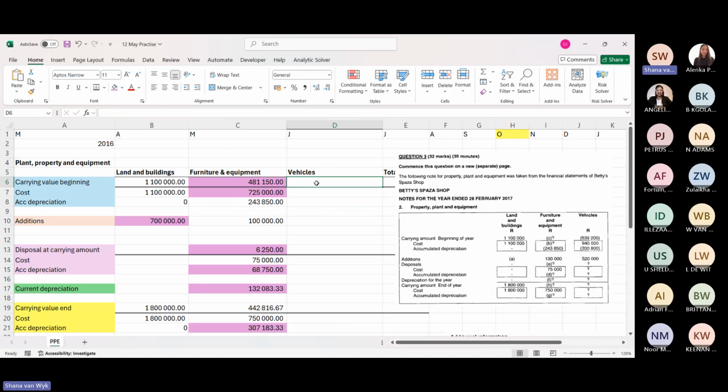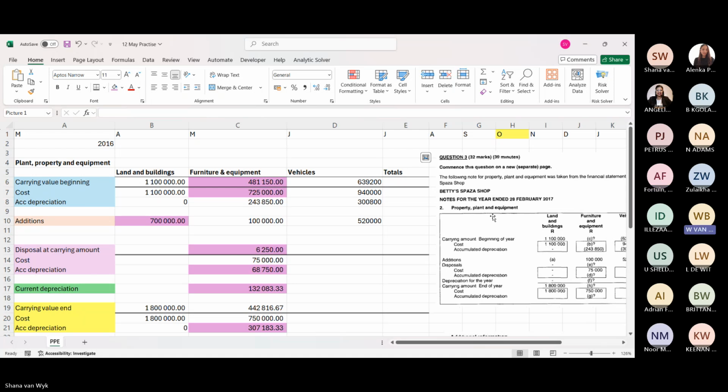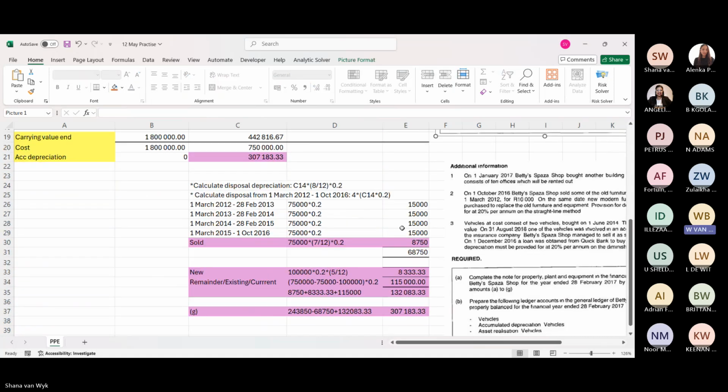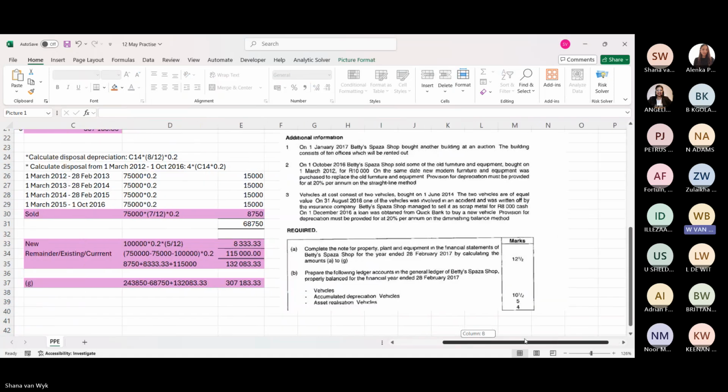Just quickly fill in my vehicles. 639. Wendy, sorry, quickly, I don't understand what you're saying. I want to try this alone, which is fine. But the question paper only shows A and B. Where does it show A and B? Sorry, Aziza, I'm going to try and get this out. The question paper that you have posted, mine stops at B, required.